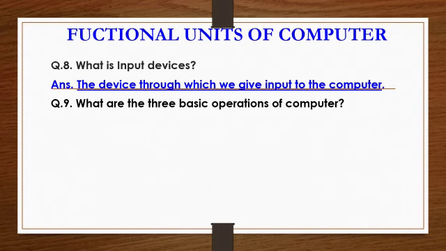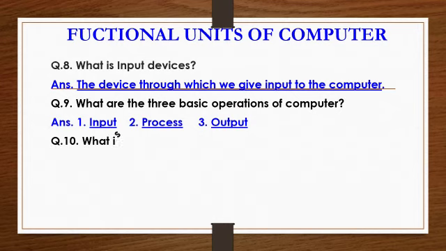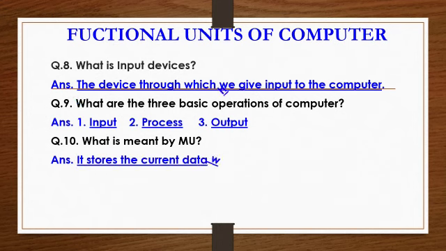Answer is input, process, and output. Question number 10. What is meant by MU? Answer is it stores the current data which is to be processed. Now the question answer is finished.